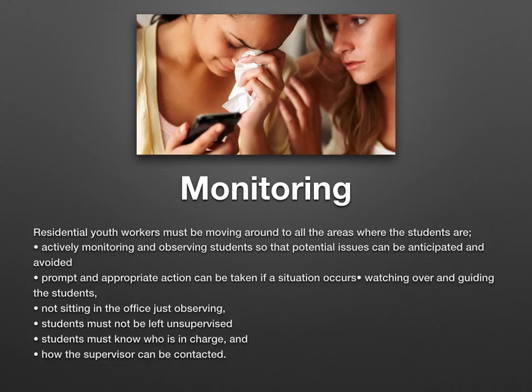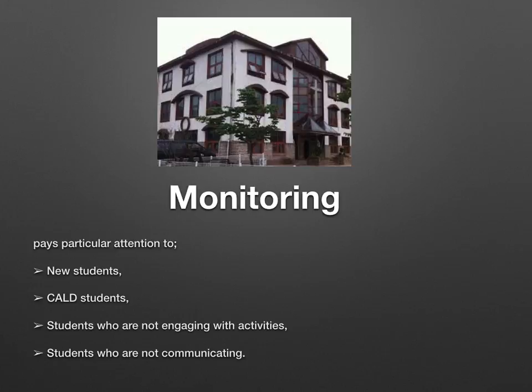We can monitor it by moving around and looking at how the students are interacting, or by paying particular attention to new students, culturally and linguistically different students, diverse students, students who are not engaging with activities, and students who are not communicating.